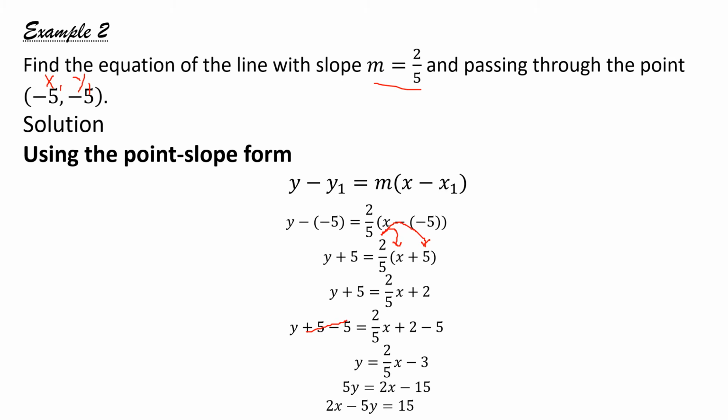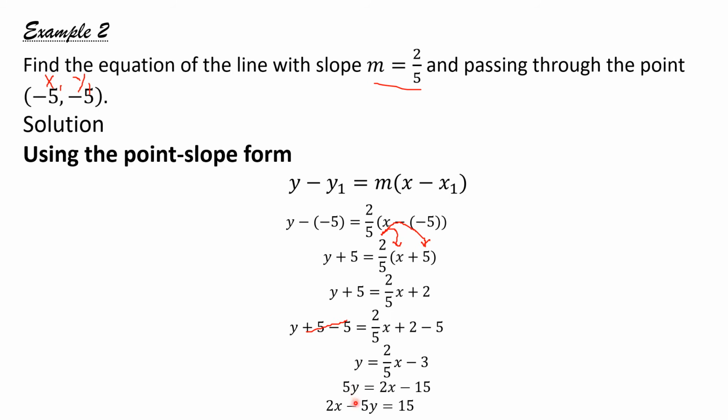And then, we have now y equals 2/5 x minus 3, since 2 minus 5 is negative 3. Okay, then, if we change this into its standard form, dapat wala tayong denominator. We multiply both sides by 5.